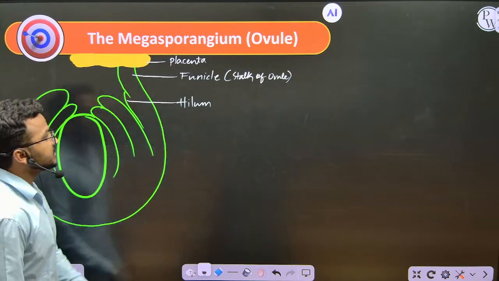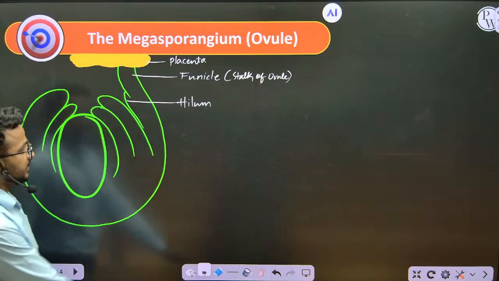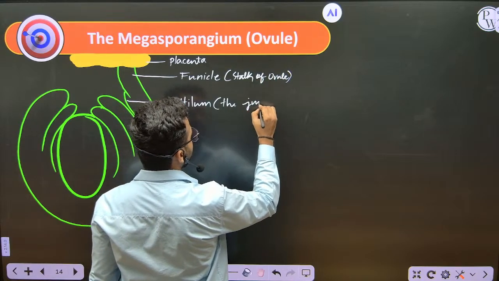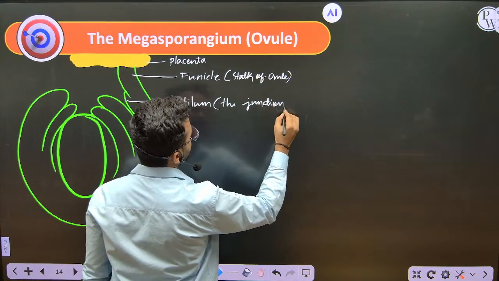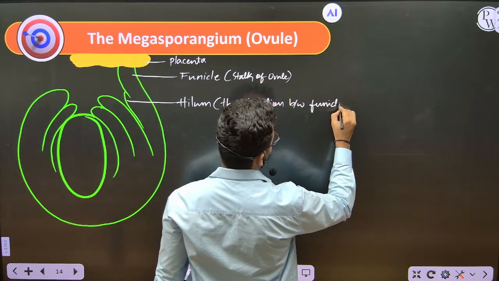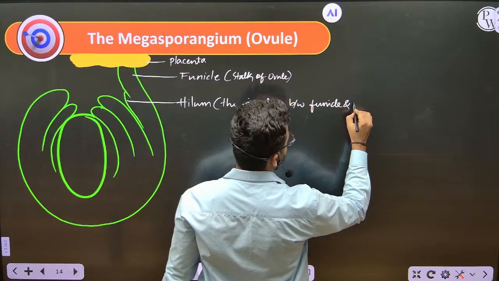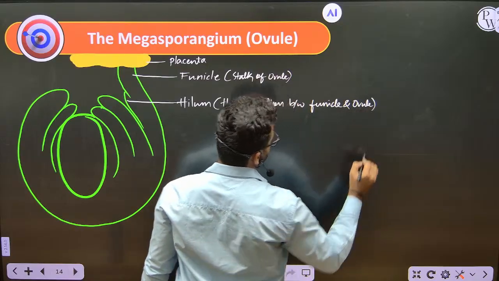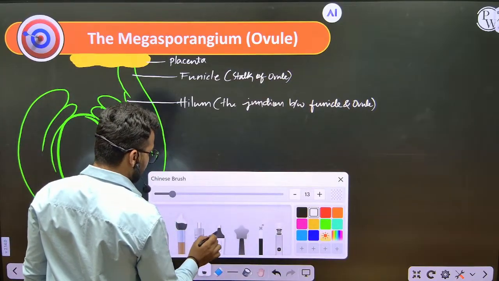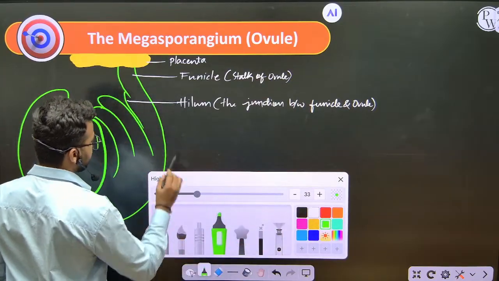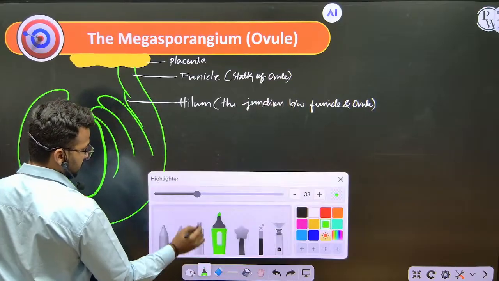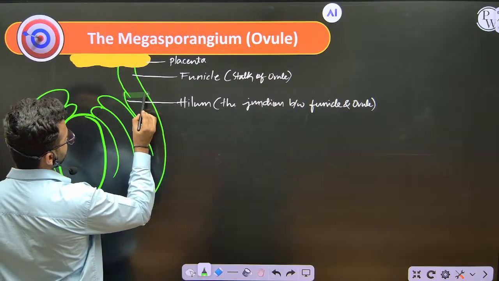Hilum is nothing but the junction between the funicle and the ovule. That junction is hilum. This part is hilum.